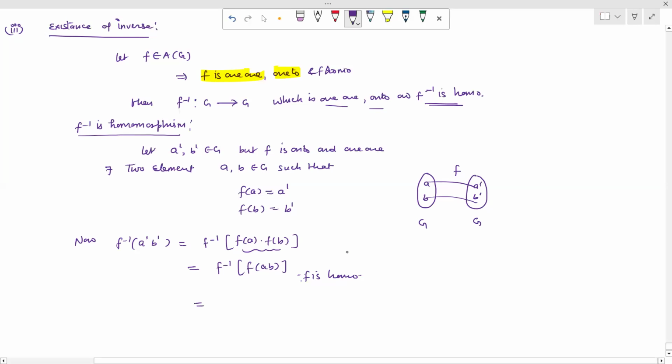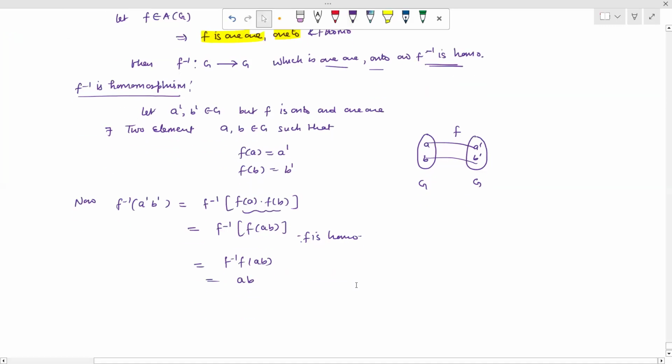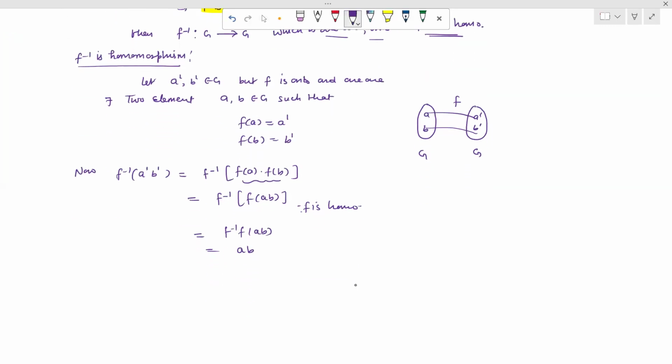So f inverse into f of ab gives ab. Since f(a) equals a dash and f(b) equals b dash, in inverse form f inverse a dash equals a, and f inverse b dash equals b.